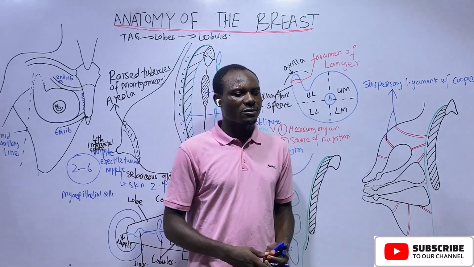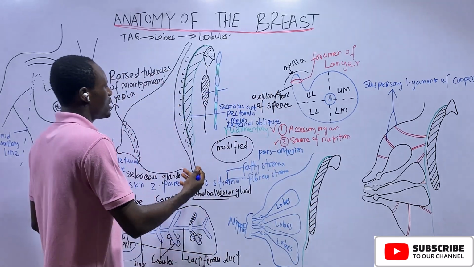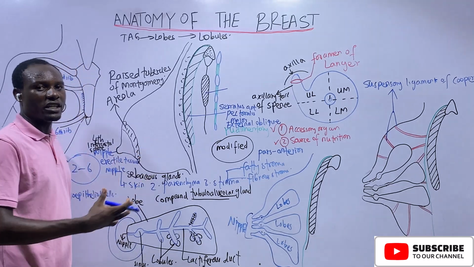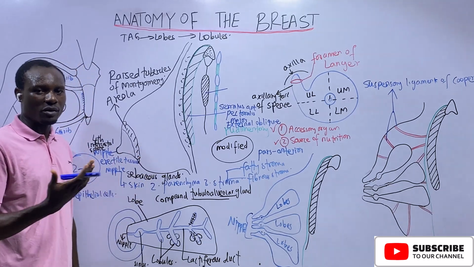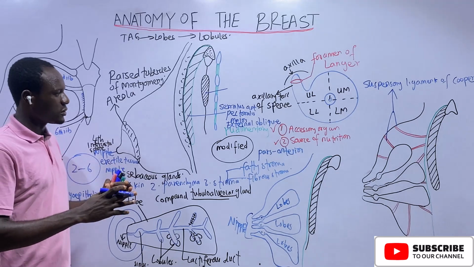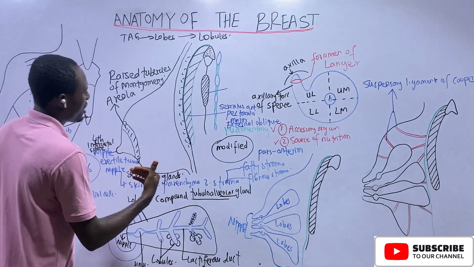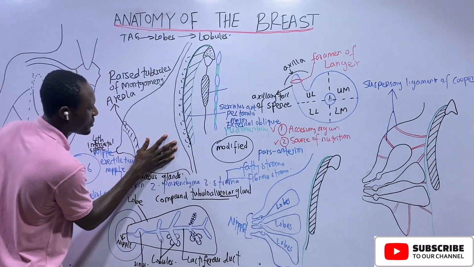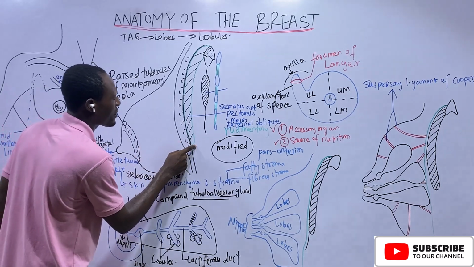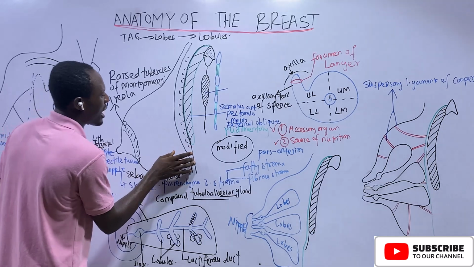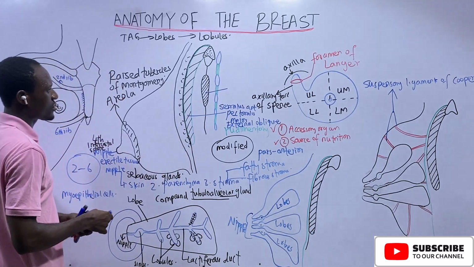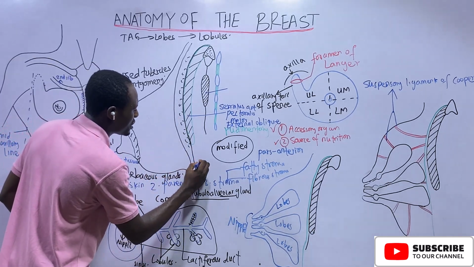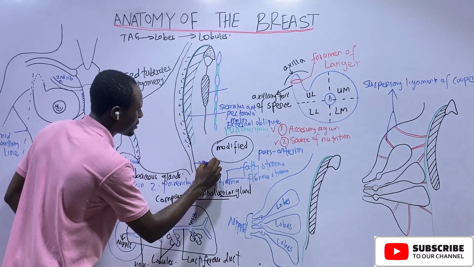Very, very important. So, however, the breast moves freely on the superficial fascia of the pectoral region. Why is it so? It is because between the substance of the breast itself and the pectoralis major, you have a fascia. This fascia is called the pectoralis fascia.